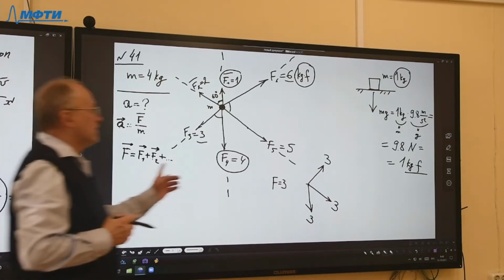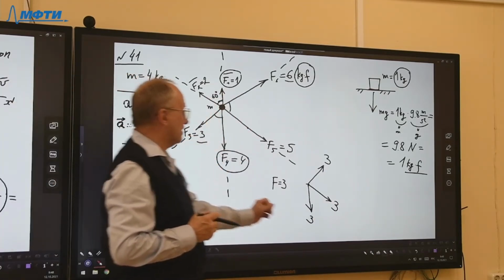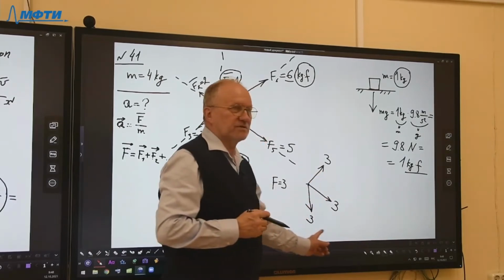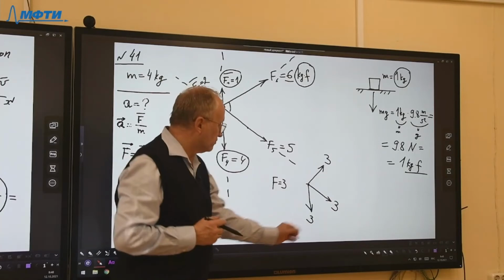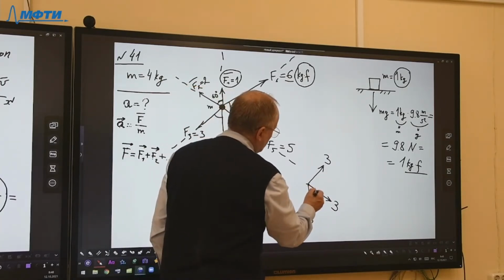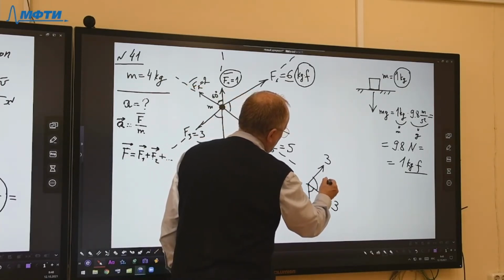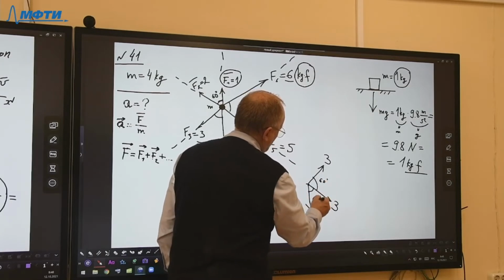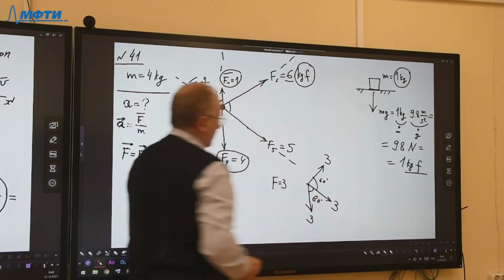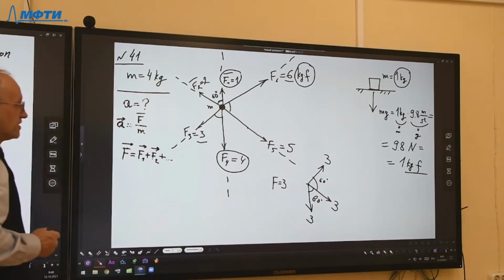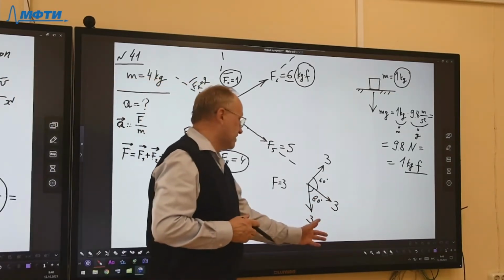So instead of 6 forces, we now have a system of 3 forces. We have reduced the number of forces by a factor of 2. All these angles are 60 degrees.